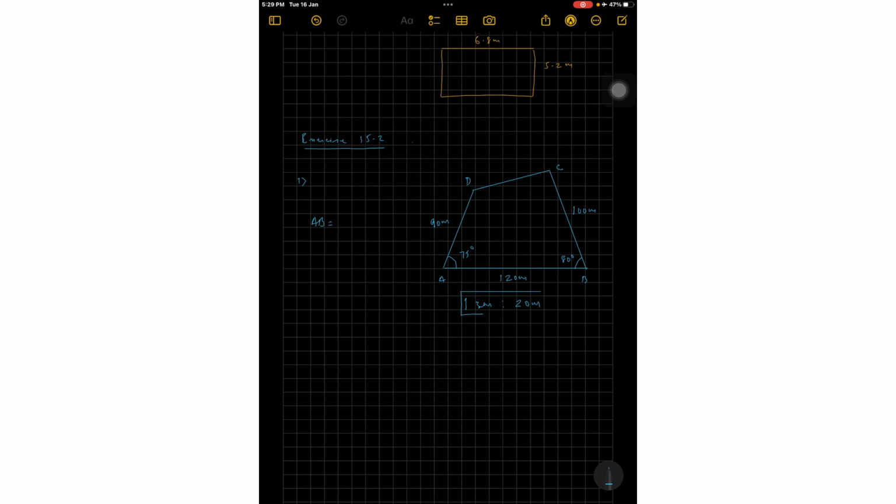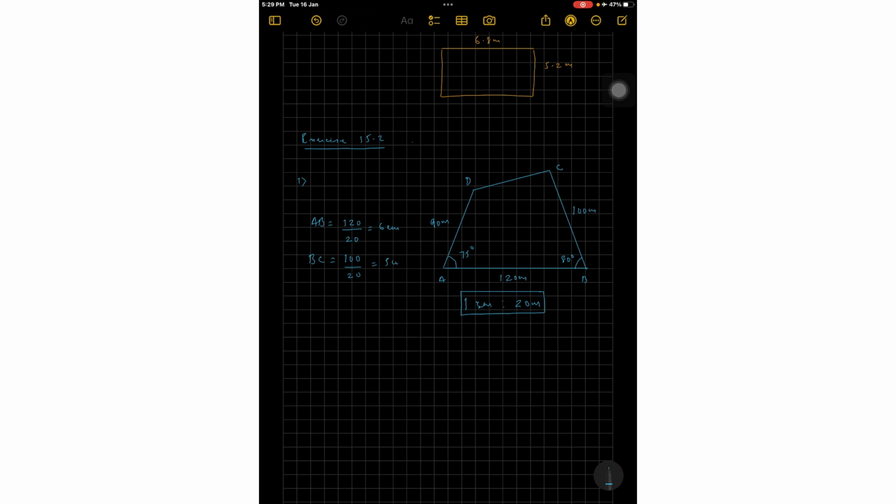So the units are different again. Keep a note of that. So AB, which is 120 meters. On the length it's going to be 120 divided by 20, we're making it smaller, isn't it? That comes out to be 6 centimeters on the paper. If you're looking at the side BC, BC would be equal to 100 divided by 20 meters.